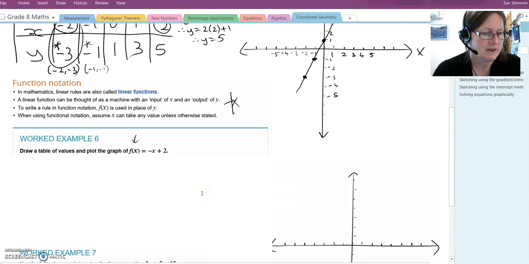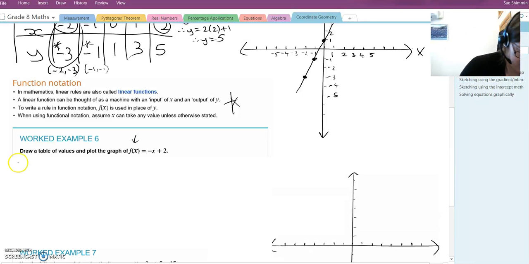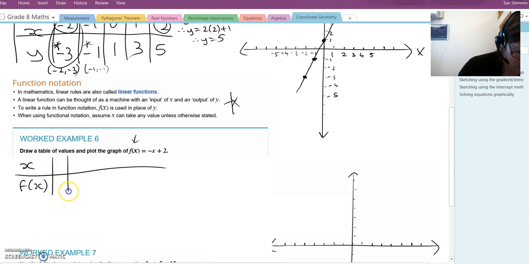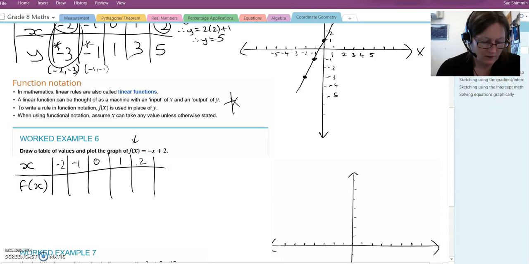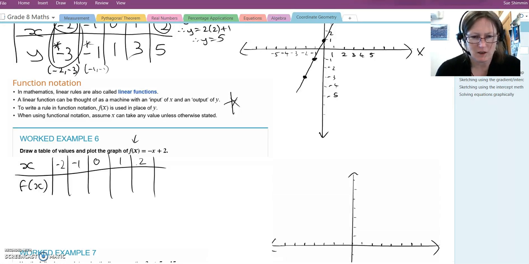So let's look at this example. We've got the rule there in function notation. We draw a table of values, so x and f(x) instead of y. We now choose some x values. I choose the same ones: -2, -1, 0, 1, and 2. We use the rule to find each function value and enter them into the table.